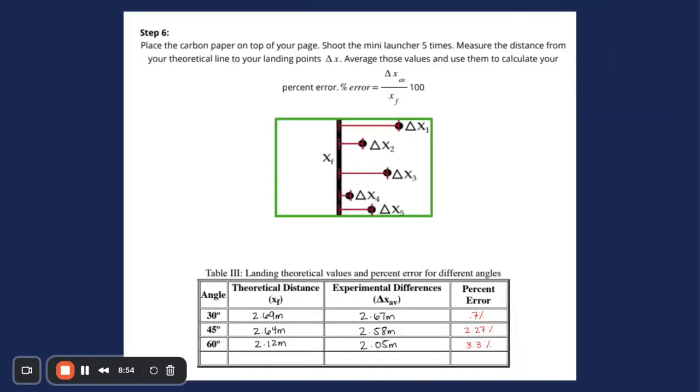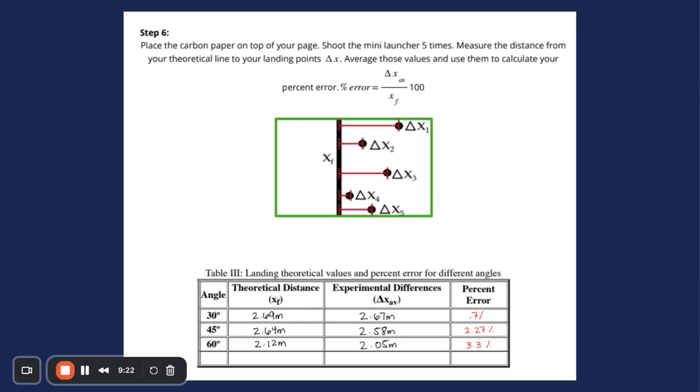which would equal x of a minus x of e over x, our final position, times 100. Now we show table 3, which was our final data: the theoretical landing values and percent error for different angles. For our 30-degree angle, the theoretical distance was 2.69 meters and the experimental distance was 2.67 meters.